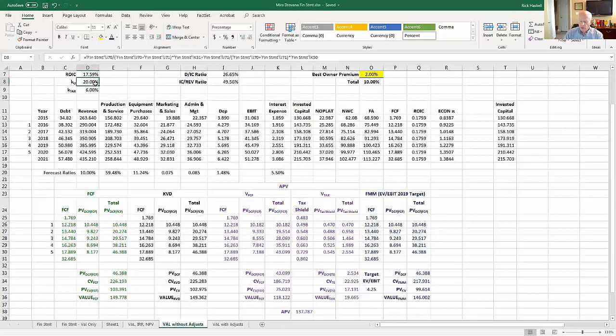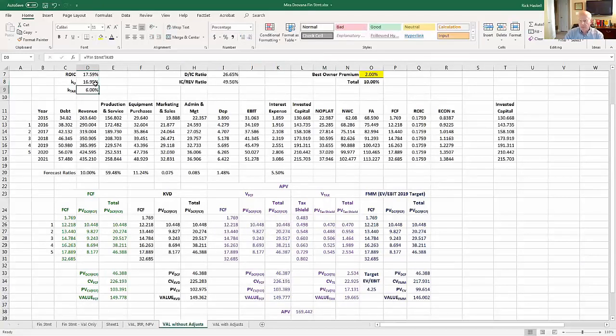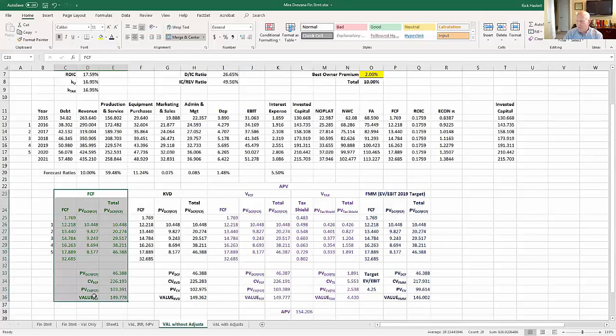Let's assume for a minute here that we've got 0.1695, 16.95%, because that's our WACC. And when we do that, we see that we now have quite a value difference. We were at 149, we're now at 154, so that's a value difference, and that would make sense to us because we see that 149 is already built in here from the value of the FCF, because this VFCF now is virtually identical to the free cash flow model because it's structured in the exact same way.